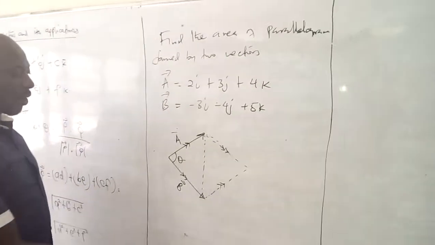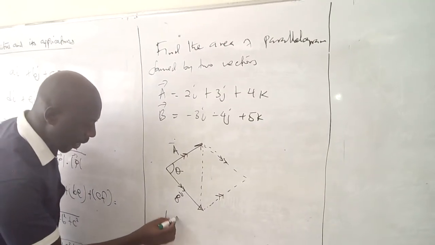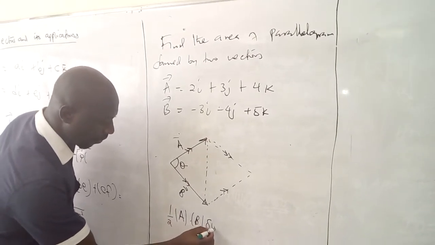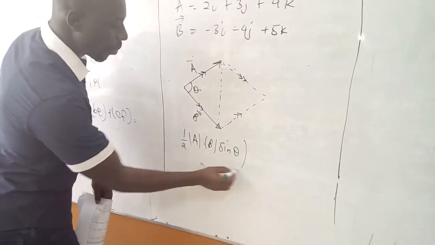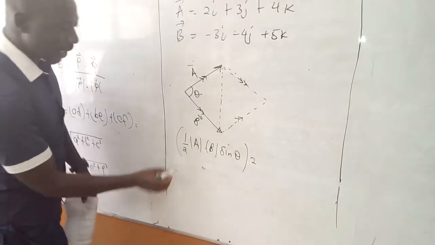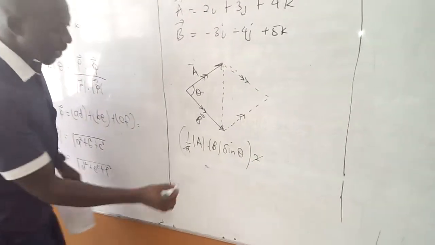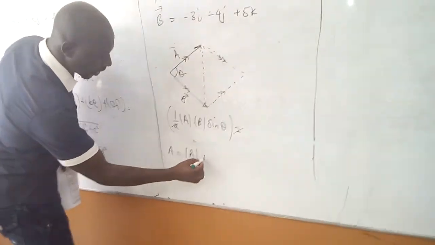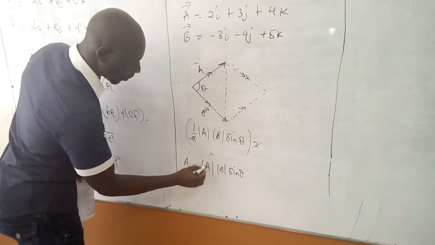If you have got the angle between them, you get the area as a half A multiplied by B sine of the angle between them. Since this side is the same as this side, you can now multiply by 2, such that the halves cancel out. You end up with the area given as magnitude of A multiplied by the magnitude of B sine of the angle theta.